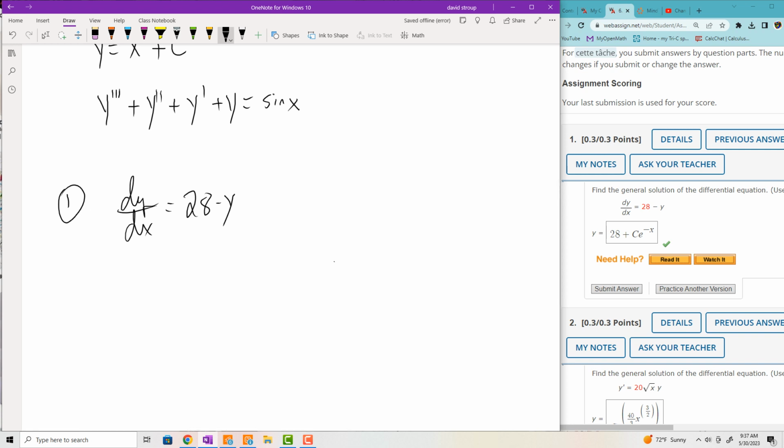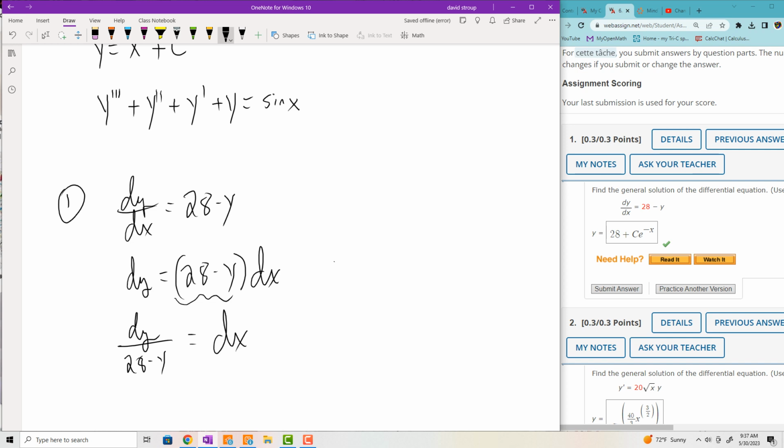So here I'm going to multiply both sides by dx. So you just pretend the dx is a variable onto its own. And then I need to get this y expression here, this binomial thing, to the other side with all the rest of the y material. So I'm going to divide both sides by it. I end up with dy all over 28 minus y equals dx.